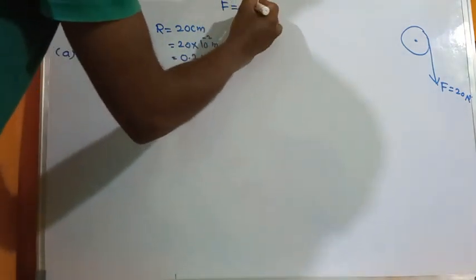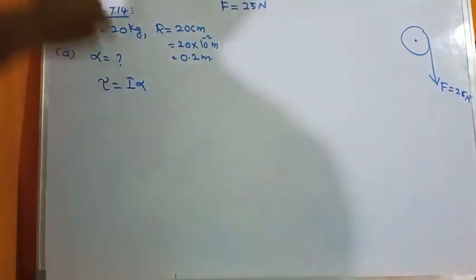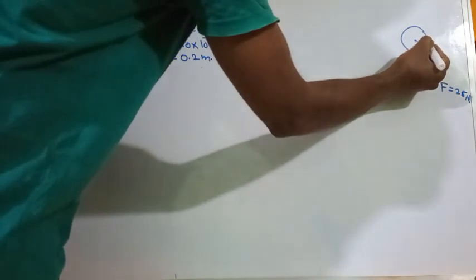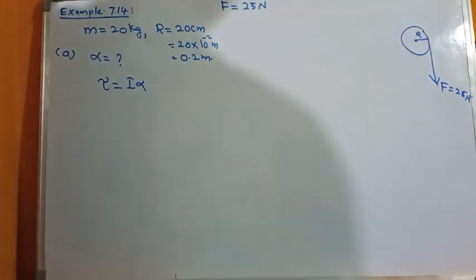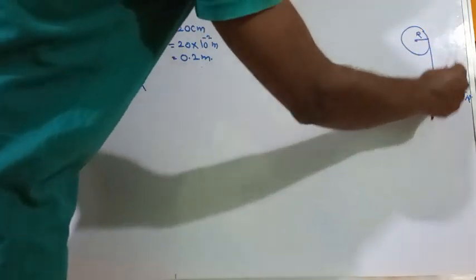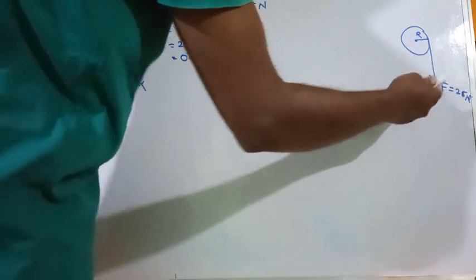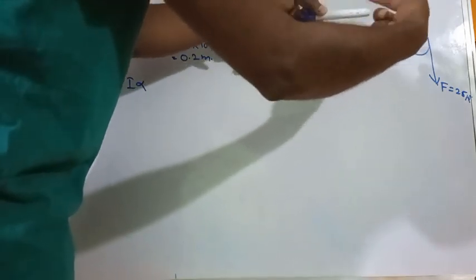I wrote it wrong here. This is 25 newtons. And this is the radius of the flywheel. When we apply this force, the flywheel rotates like a CD.